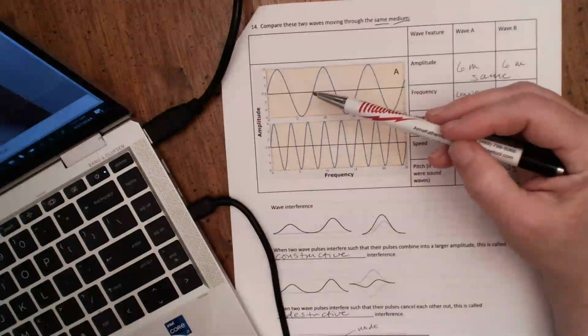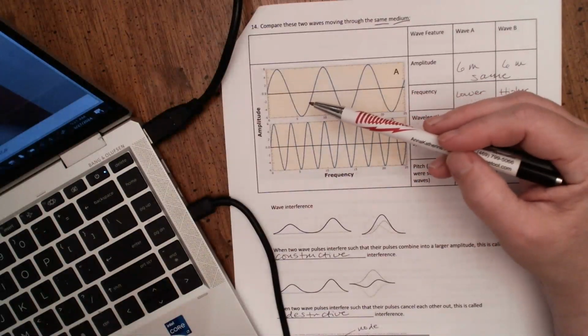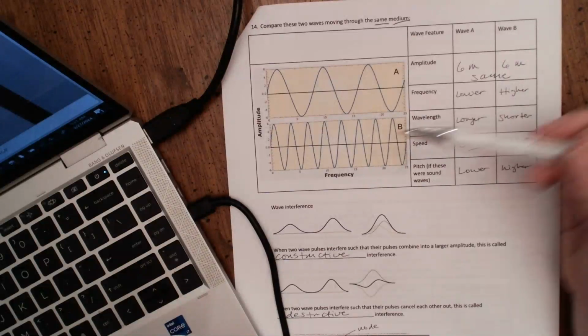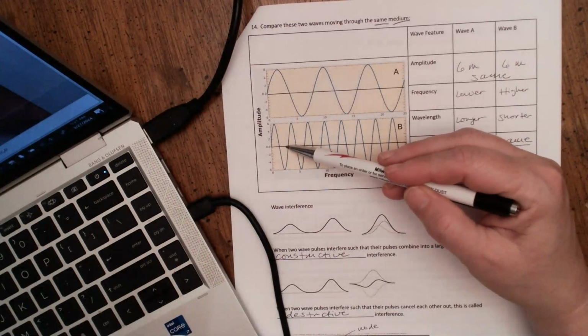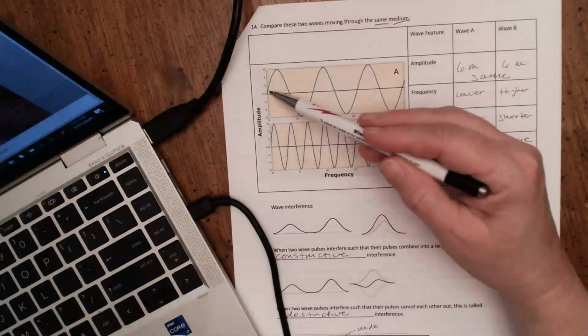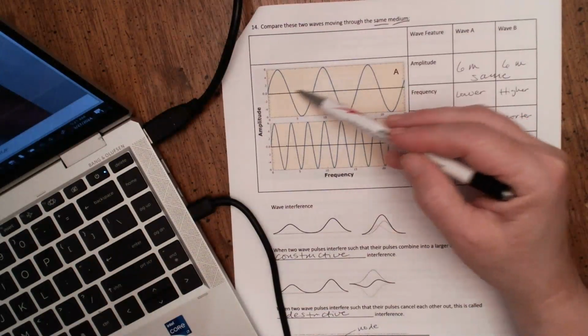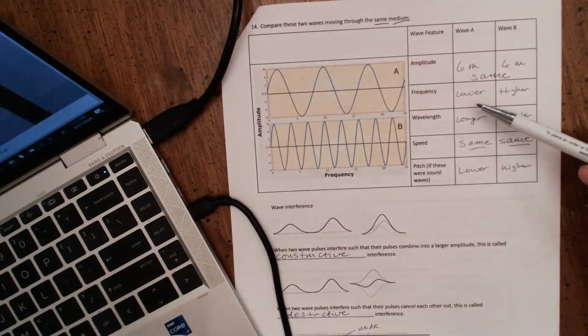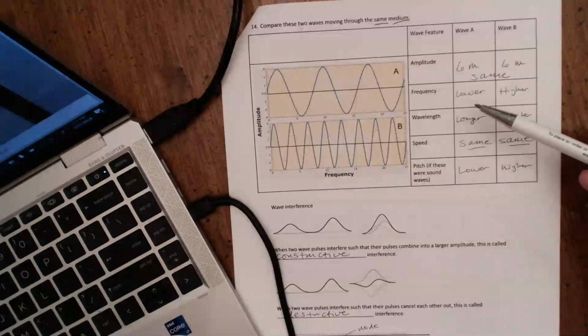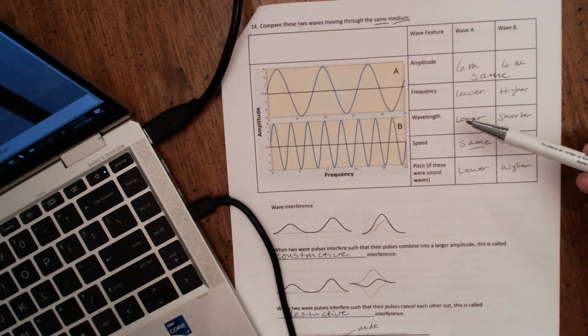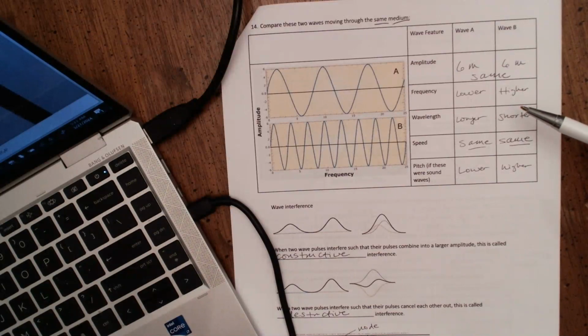One wavelength has a much longer length for A than B. B is a lot shorter. So if you have a lower frequency wave, it's going to have a longer wavelength because those two are inverse. And the opposite, if you've got a high frequency wave, it's going to have a shorter wavelength.